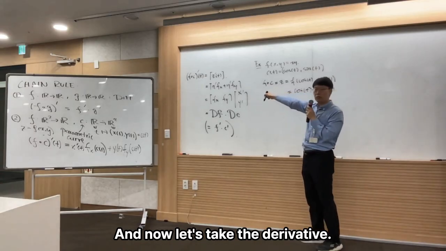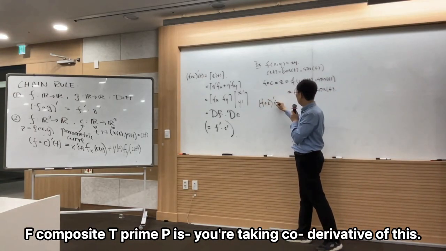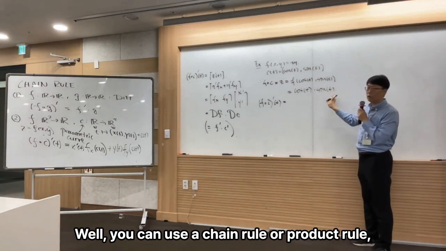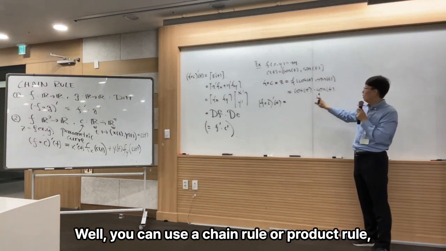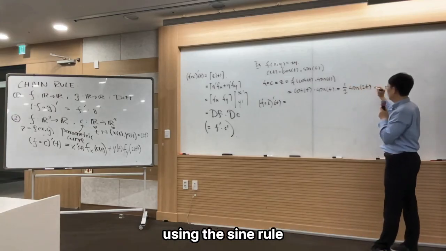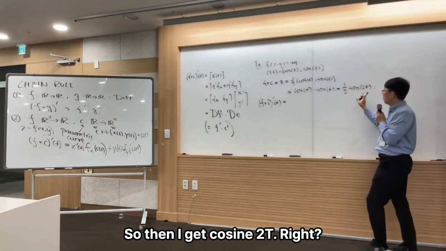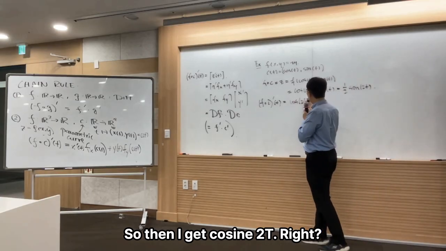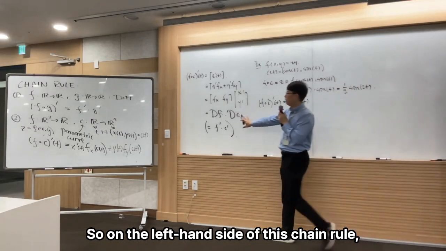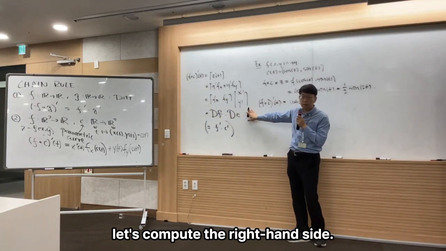And now let's take the derivative. (f∘c)'(t) is the derivative of this. Well, you can use a chain rule or a product rule, or you can make it into 1/2 sine 2t using the sine rule and take the derivative of this. Let's use this. Then I get cosine 2t, right? So on the left-hand side of this chain rule, I got cosine 2t.